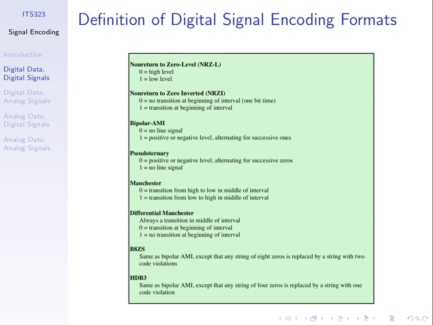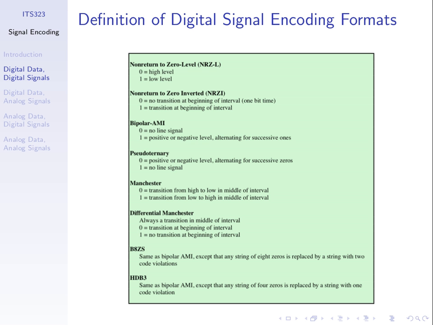Bit 0 at 0 volts, bit 0 at 0 volts. The next bit 1 at a non-zero level, the opposite to the previous bit 1. This was at high, so we go down to low. The next bit 1, we go from a low level up to a high level. 0, back to 0 volts, 0, 0.